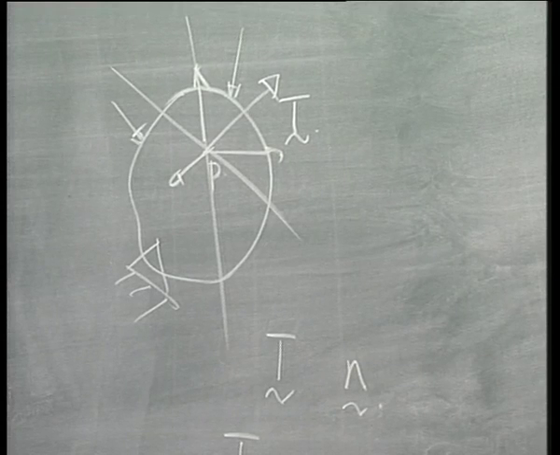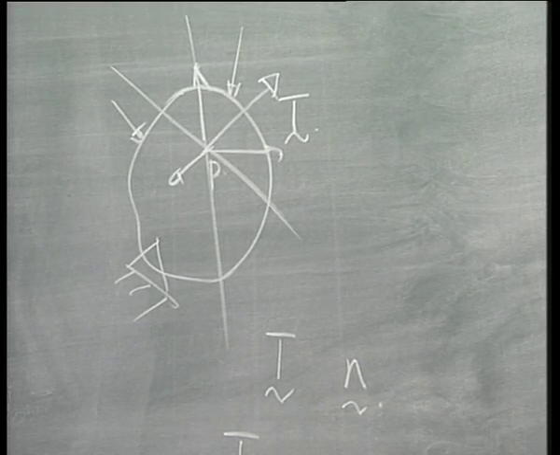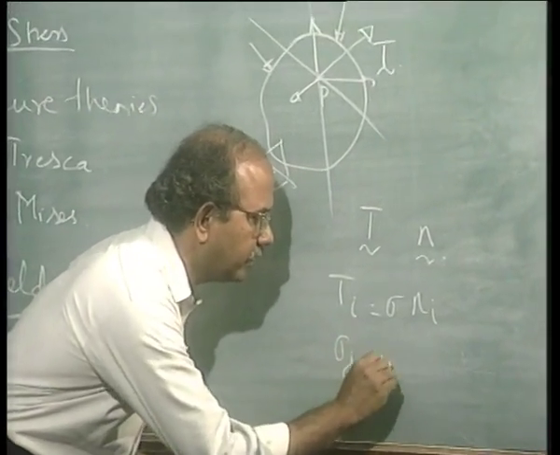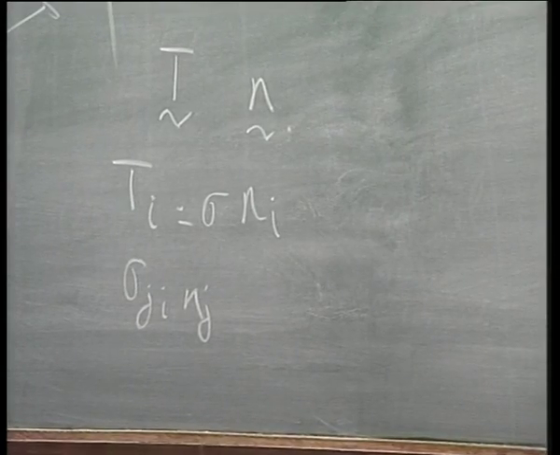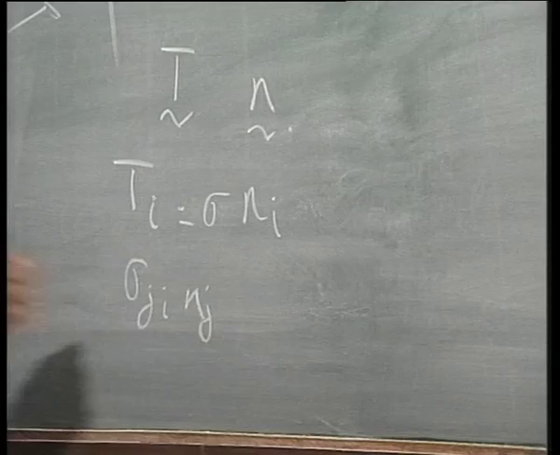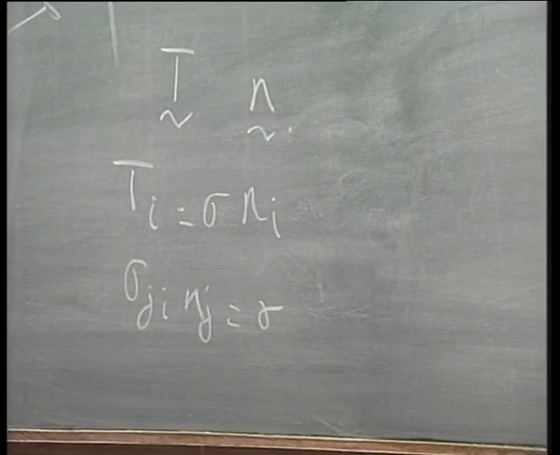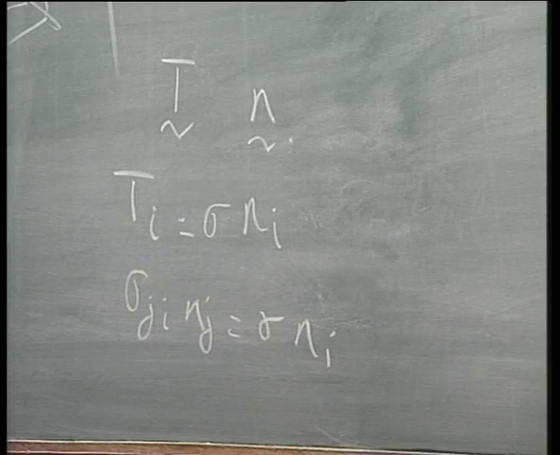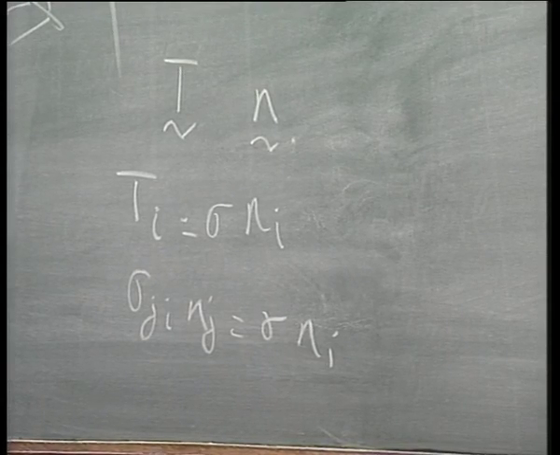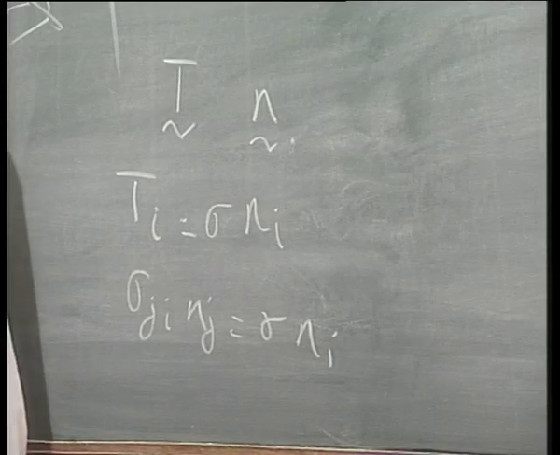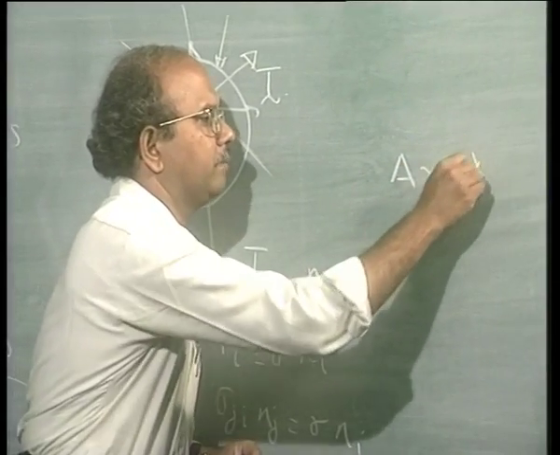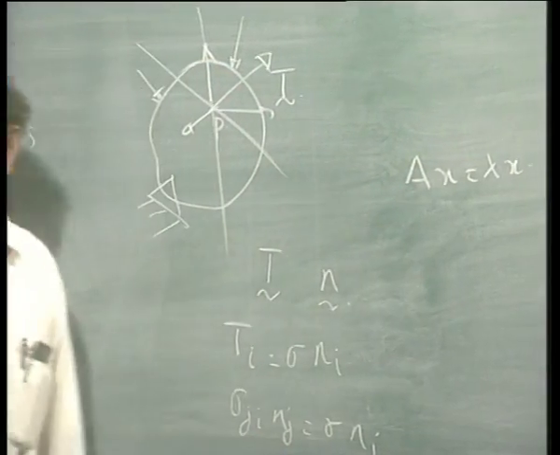Let us go one step forward and write that equation with the result which we know for T. What is that result? Sigma ji nj is equal to sigma ni. Now, compare this with, for example, an equation of the form Ax is equal to lambda x.